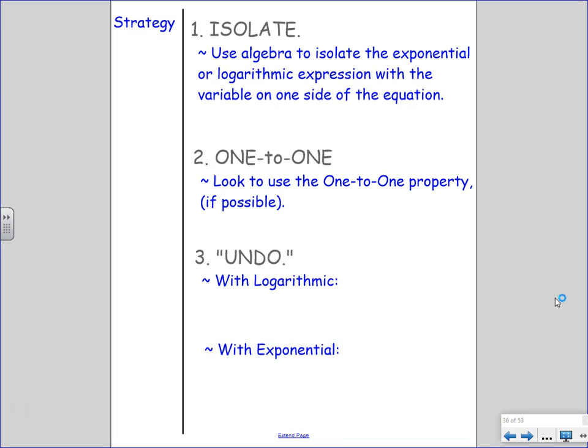Number 3 says, if you can't use the one-to-one property, you gotta undo. And undo means using the inverse property.